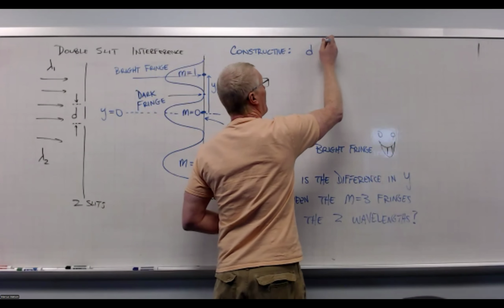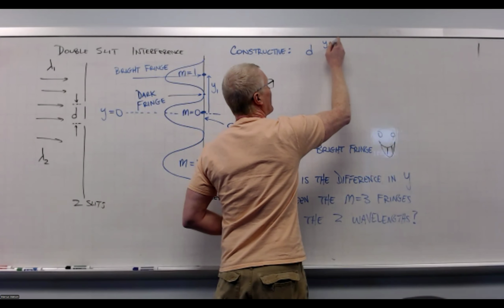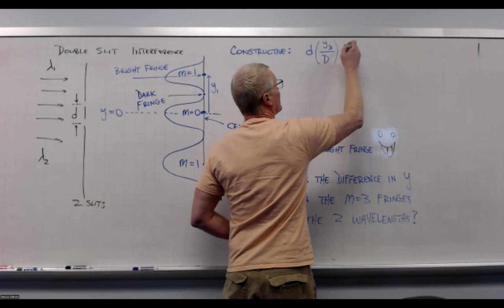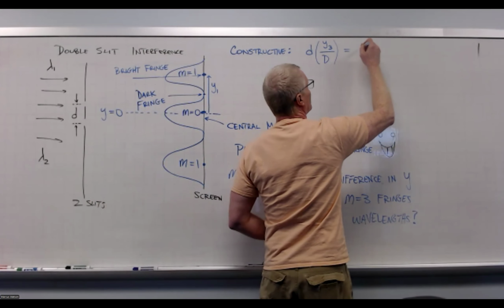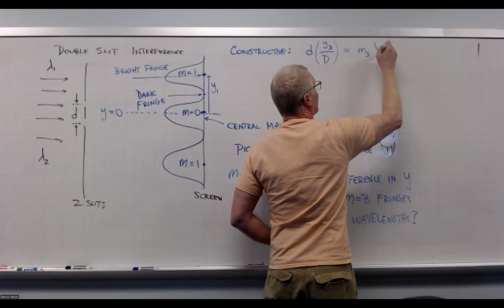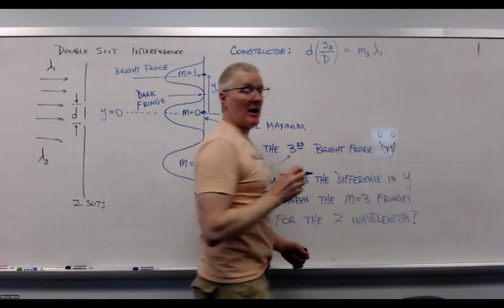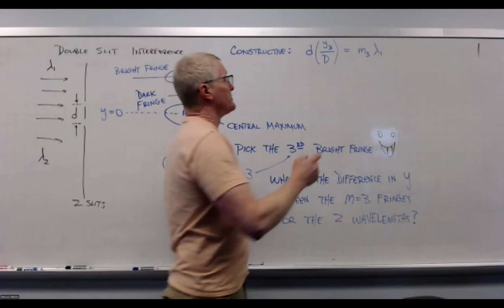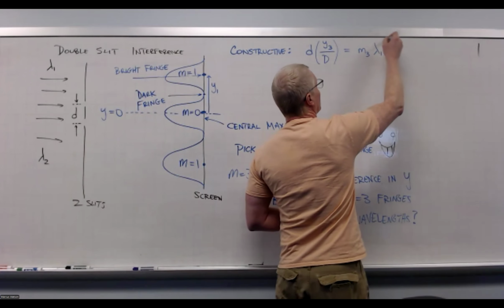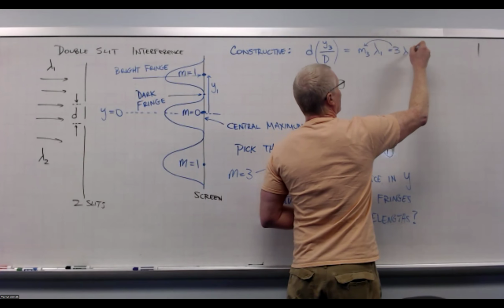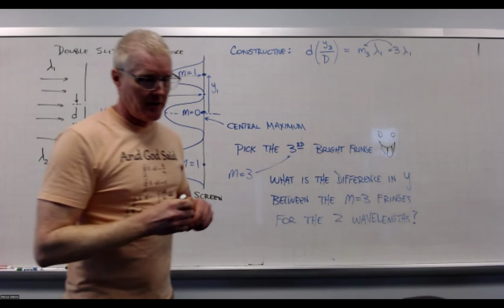So I'm going to use y, and I know I'm asking for number 3. And this is going to be equal to m lambda. I'm just going to call that lambda 1. Now, m3, well, that's just 3. Like so. 3 lambda 1.